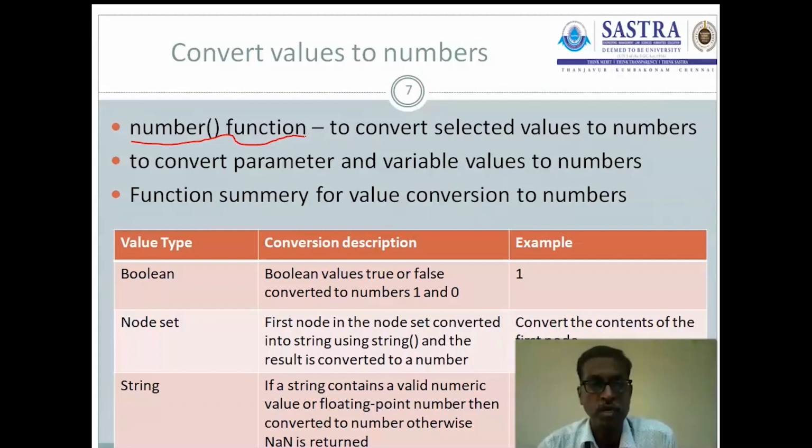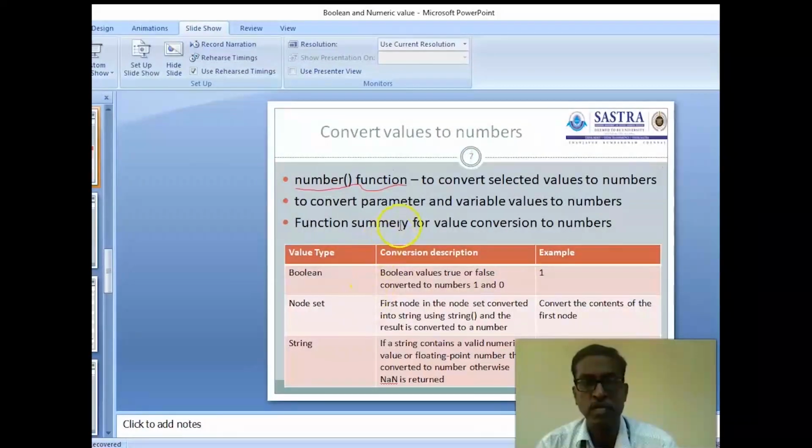The function summary is given here. Value type is boolean. If we are giving a boolean value, true or false, obviously true or false can be converted into the numbers 1 and 0. And then node set. In the node set concern, you already know that each and every XML element is represented in a node structure or tree structure.